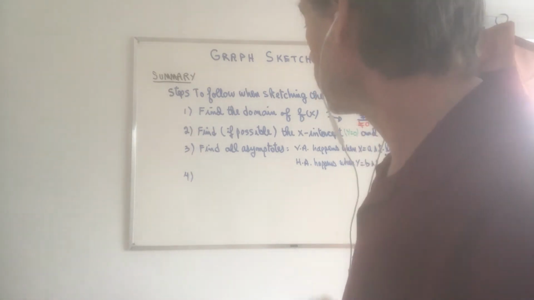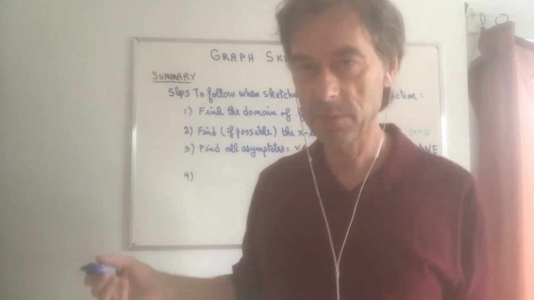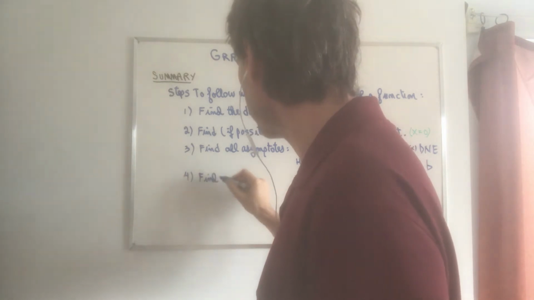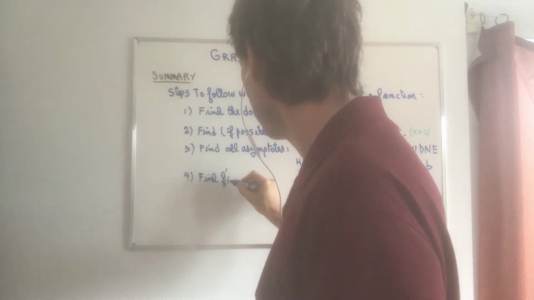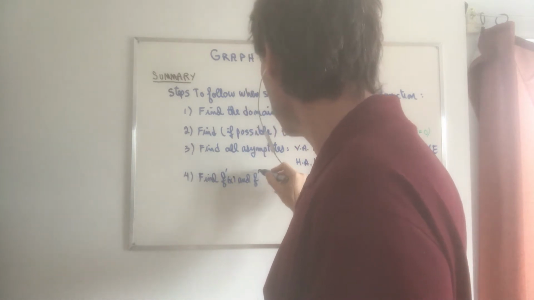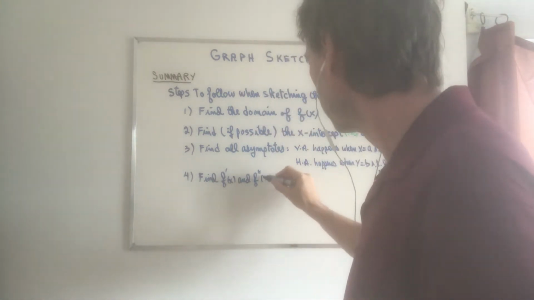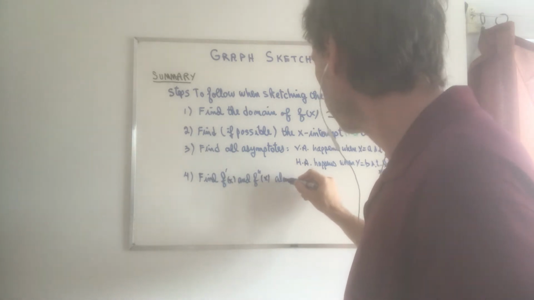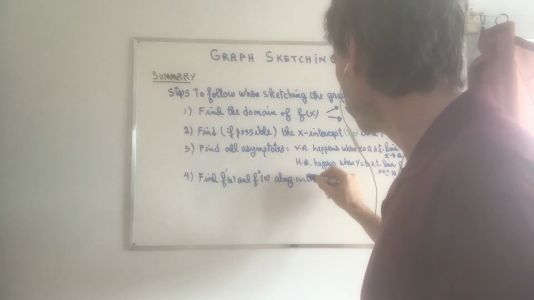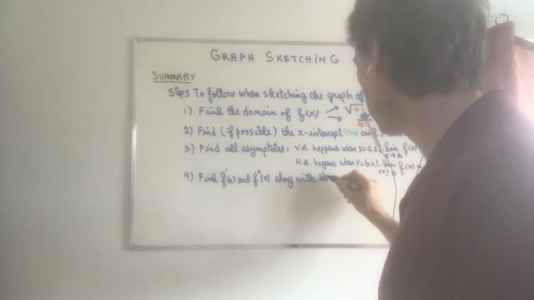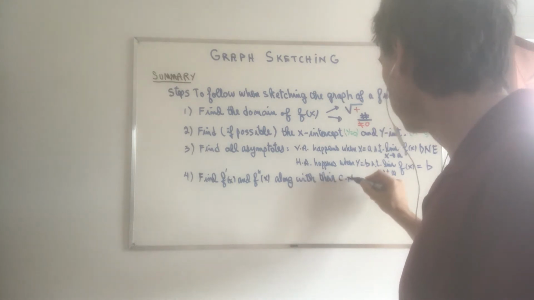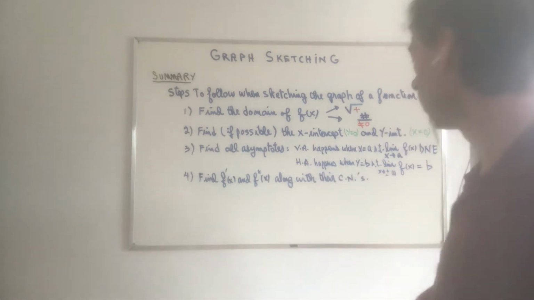Once you have that, then you actually hit the core of the problem. You hit the calculus core, so you find f prime and f prime prime along with their critical numbers.